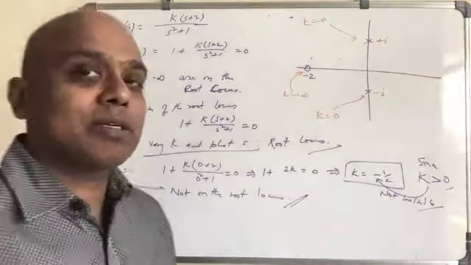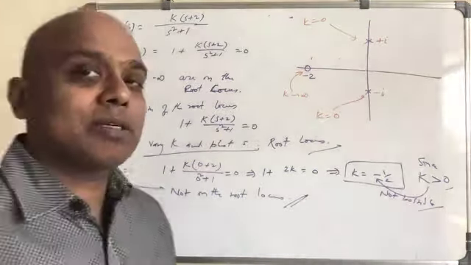So what we find here is we can also find out whether s equal to minus 2 is on the root locus or not. If you put s equal to minus 2 here, this becomes 0.